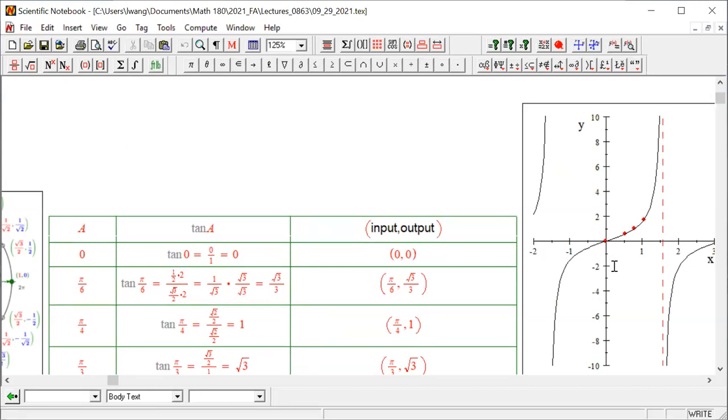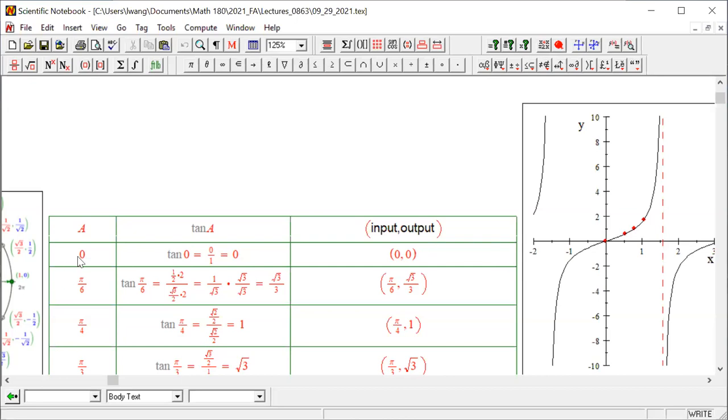In order for you to see the other side, we have to continue the plot. It looks like this piece of curve is increasing, and there are other pieces too. But the tangent function is not increasing in its whole domain. It's increasing in those individual intervals.